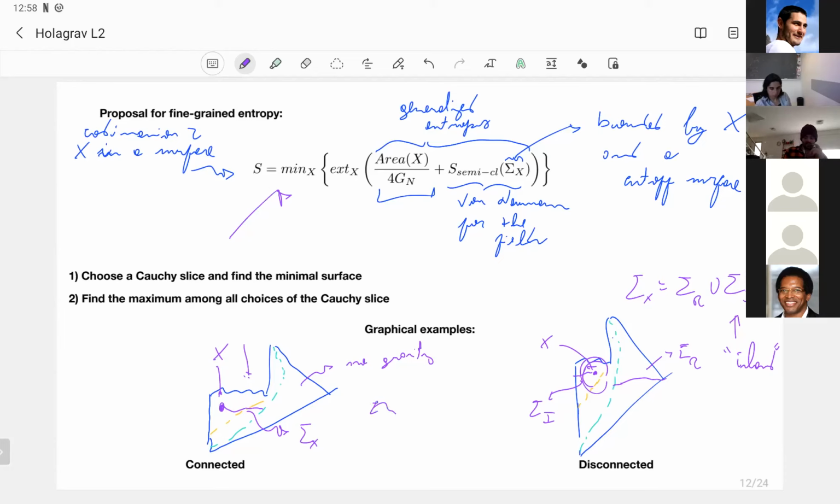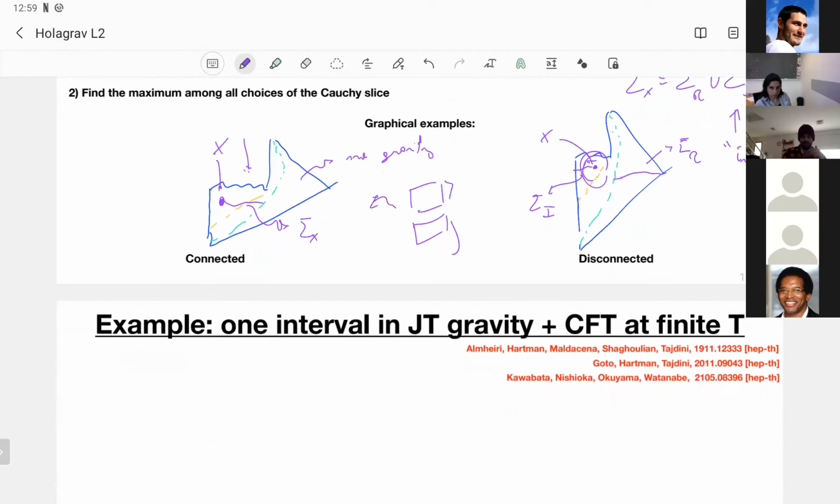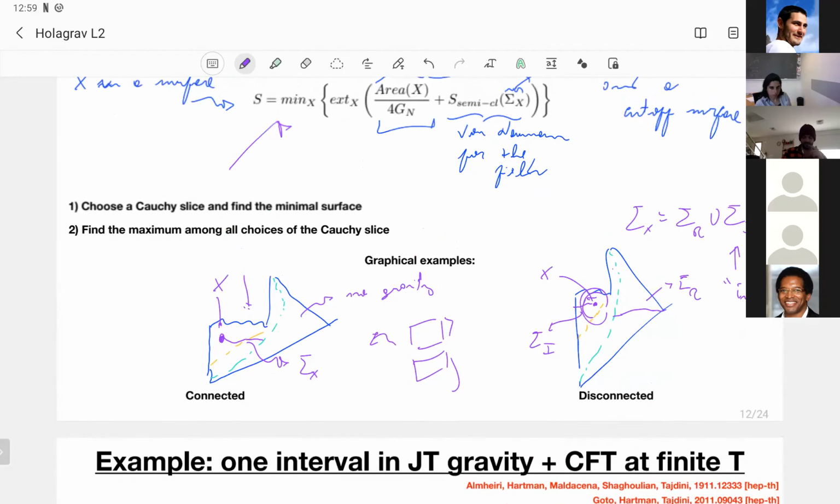In this case, when you do the replica trick, there is no wormhole. The replica trick will give you what I was explaining before, a set of n sheets. But in this case that you have an island, you can see that you have a wormhole. A wormhole in this sense, no? You have to find disconnected solutions.